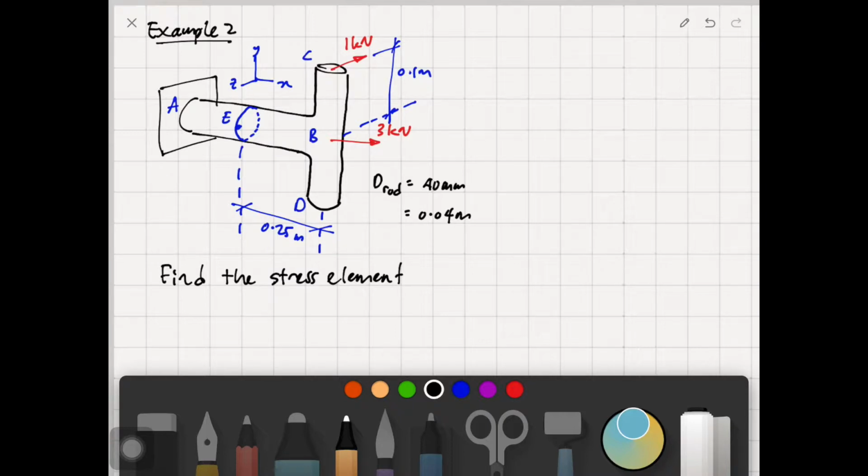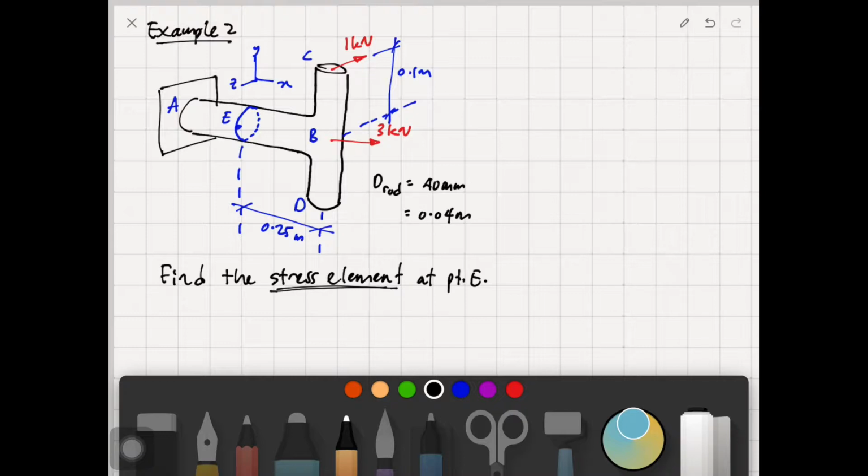It is exactly the same thing at point E. So there is the point of interest. We would like to find the stress element. It is just a box with all the stresses involved for this point E, the point of interest.